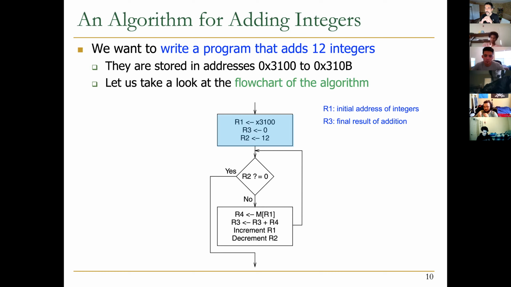It is the variable that you use to keep track of the sum. And then R2 is the number of integers that are left to be added. In this case, again, to emphasize, we know it is 12.